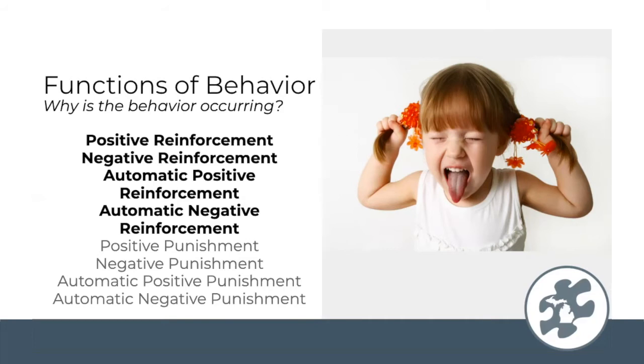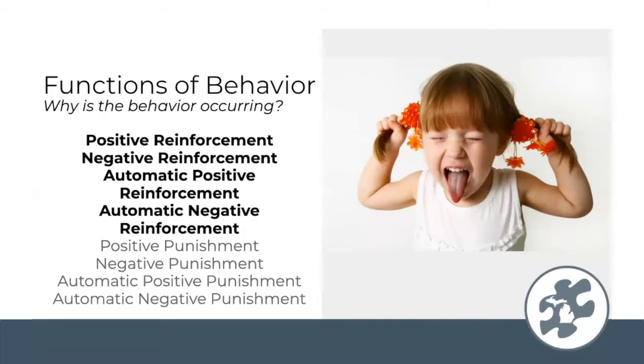In ABA, the definition of reinforcement is a stimulus change that increases the future frequency of the behavior. So for those 4 different types of reinforcement that I mentioned, the behaviors that we're looking to decrease continue to occur. Something is reinforcing them. Something is causing that target behavior to continue to occur.